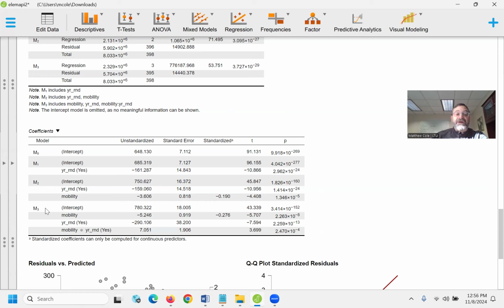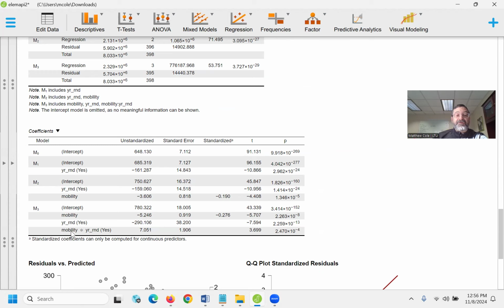And then finally, by model 3, the year-round is a very strong predictor. Very big change in academic performance, 290 points if the school's open year-round. The academic performance drops by 5 for each percent increase in mobility.